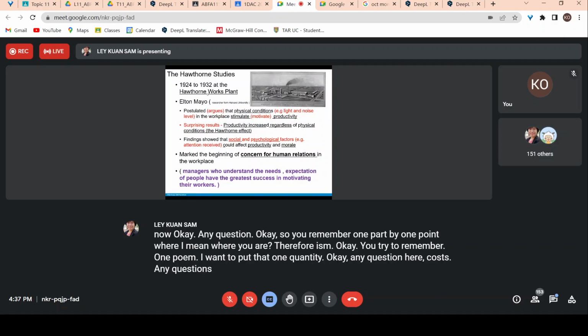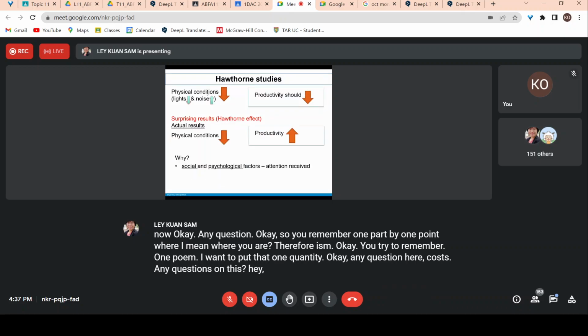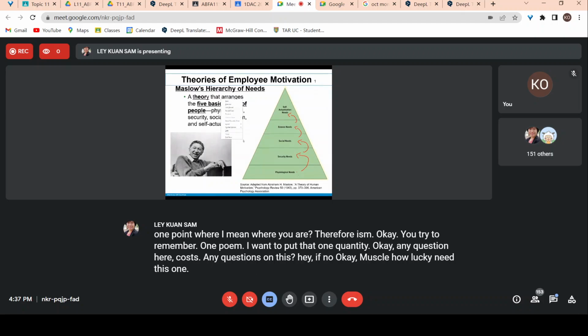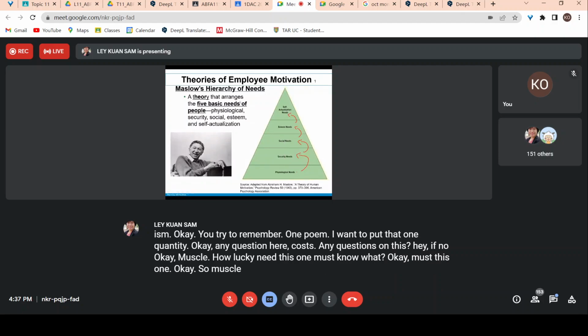Any question on this? If no, Maslow's hierarchy of needs, this one you must know. Must take note of this one. Maslow's hierarchy of needs tells us some information.